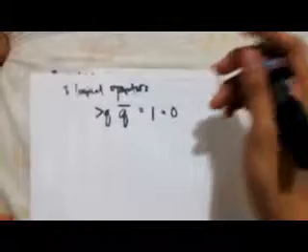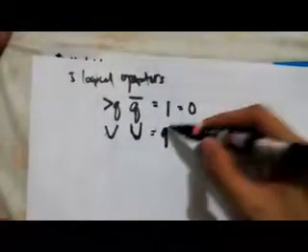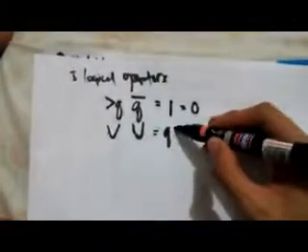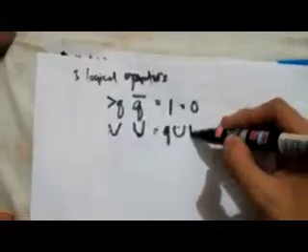Next one will be called the disjunction. What is the disjunction? Disjunction is usually labeled as this or this. Okay, so for example, we have Q disjunction R, right?